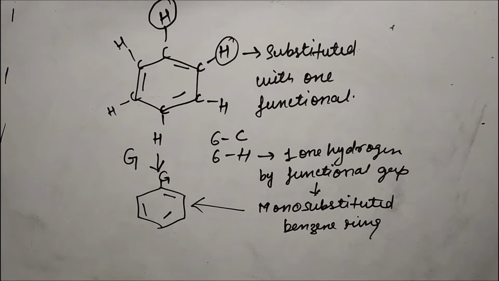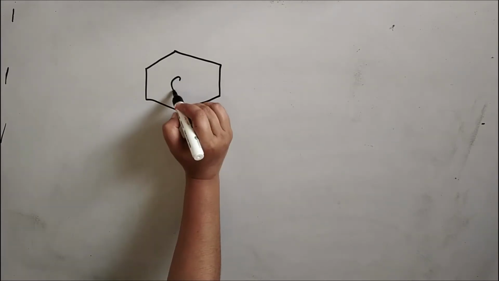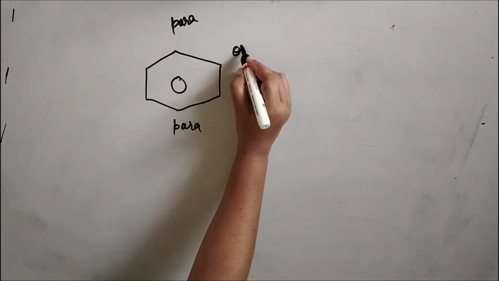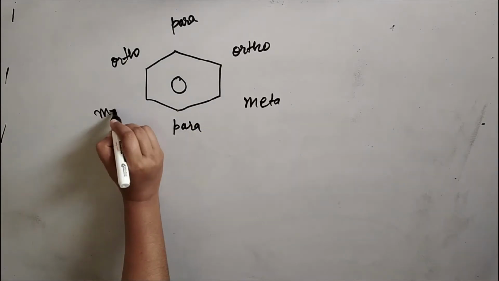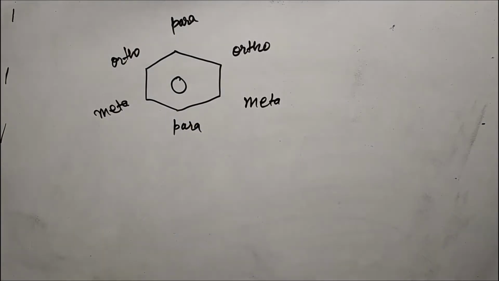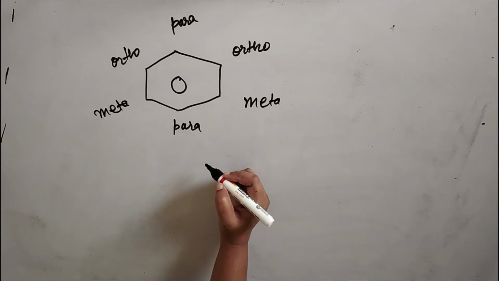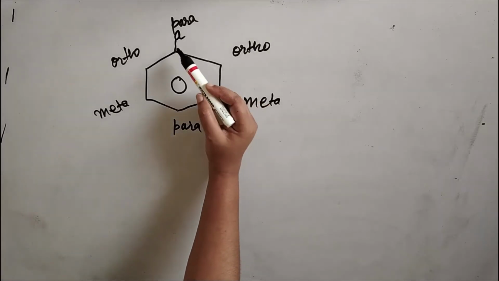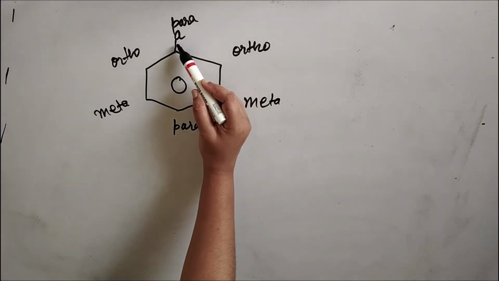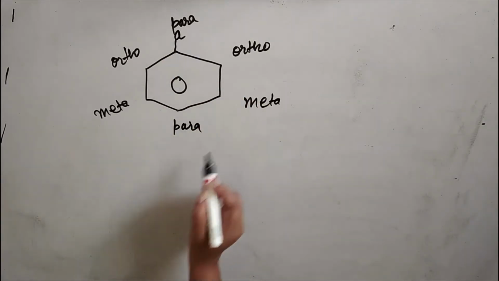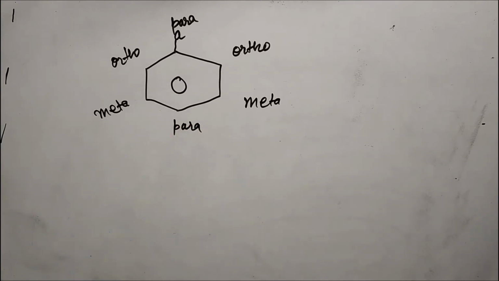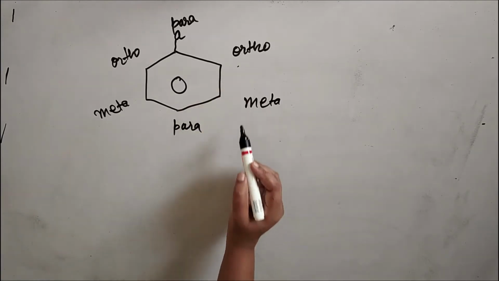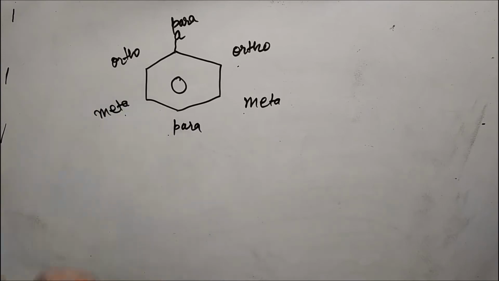Here we know that benzene has three types of positions: this is the ortho position, this is the meta position, and this is the para position. If one functional group is present here, this is the monosubstituted benzene ring. The remaining positions where no functional group is present are ortho, meta, para, meta and ortho.